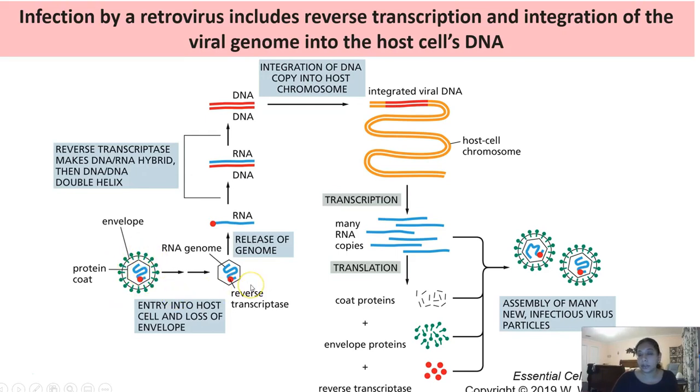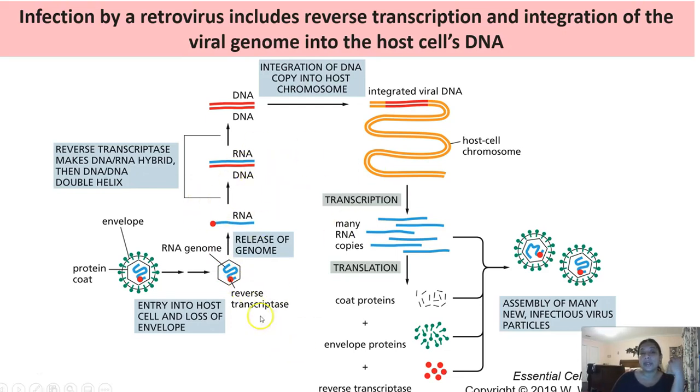When they infect a cell, they only lose the outer envelope, and there's still a protein coat protecting the RNA genome and the reverse transcriptase that's already bound to it. Once this protein-coat-contained RNA has entered the cell, it is going to release the genome, and that genome, when released, will be transcribed, right?